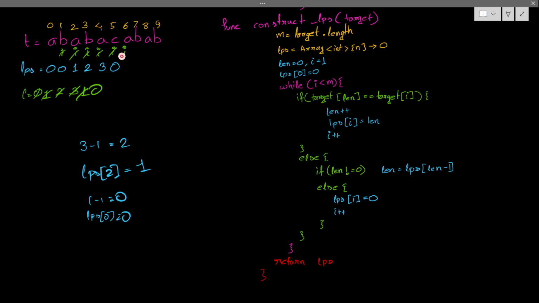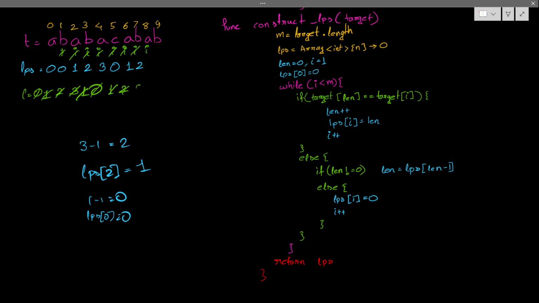So after that, what should we do? I becomes index 6. Now length is 0. Now see, it is matching again. So whenever it is matching, length will be updated by 1, and the same length will be updated in the LPS section, and I will be incremented by 1. Now again, you see this is matching. So again length is updated to 2, the same thing is updated here, and I is incremented.